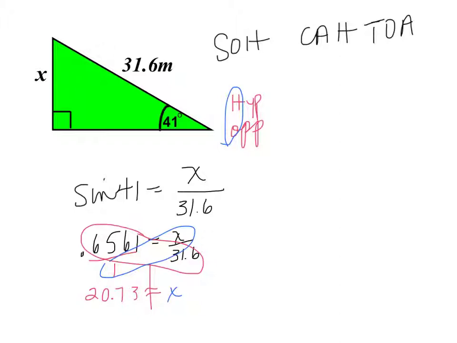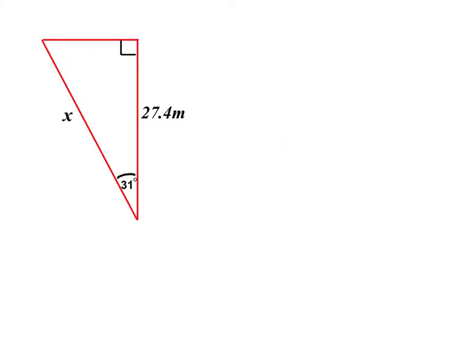So the length of this side right here is 20.73 meters. And if you notice, in any right triangle, the two legs have to be smaller than the hypotenuse. Let's do another one.